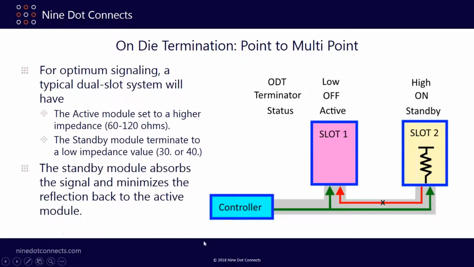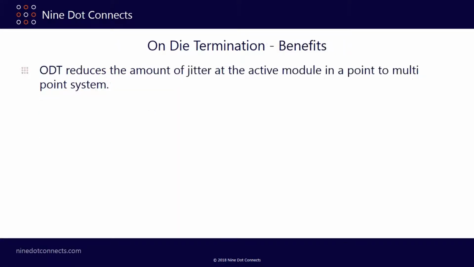When you do this, the standby module is going to absorb the signal that was sent to it and cause less of a reflection back to the active module. That means the active module more than likely will get a better waveform. So the benefit of on-die termination is that it will reduce the amount of jitter at the active module in a point to multi-point system. It does this by decreasing the reflections from any secondary modules.